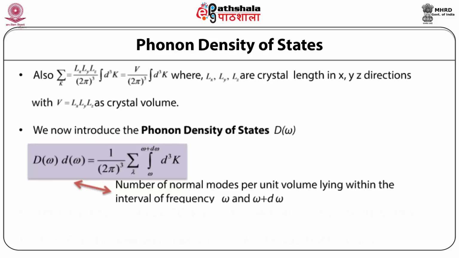So this D(omega) d omega is the number of normal modes, as I repeat, per unit volume lying within the interval of frequency omega and omega plus d omega.